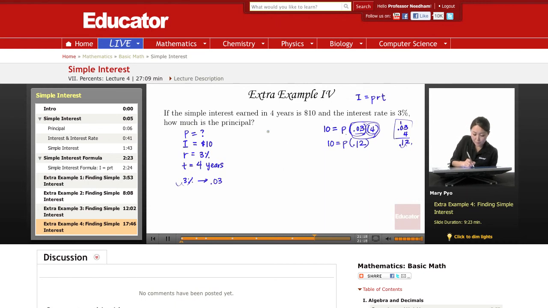If I have 6 equal to P times 3, I know that P is 2 because 2 times 3 is 6. I can also say that 6 divided by 3 is P. So I can take this number and divide it by this number. So I can take 10 and divide it by 0.12. So if I take 10 divided by 0.12, I can solve for P. I can figure out what my P is.